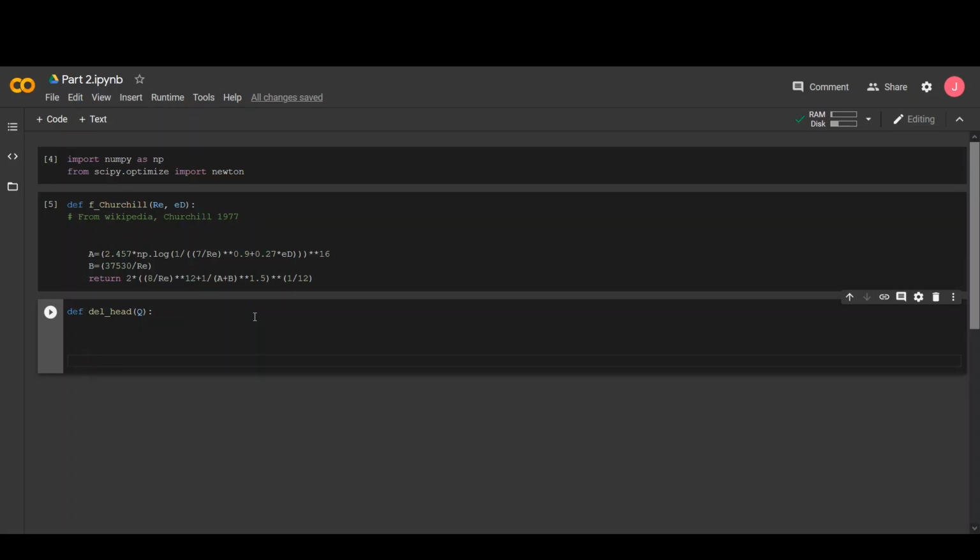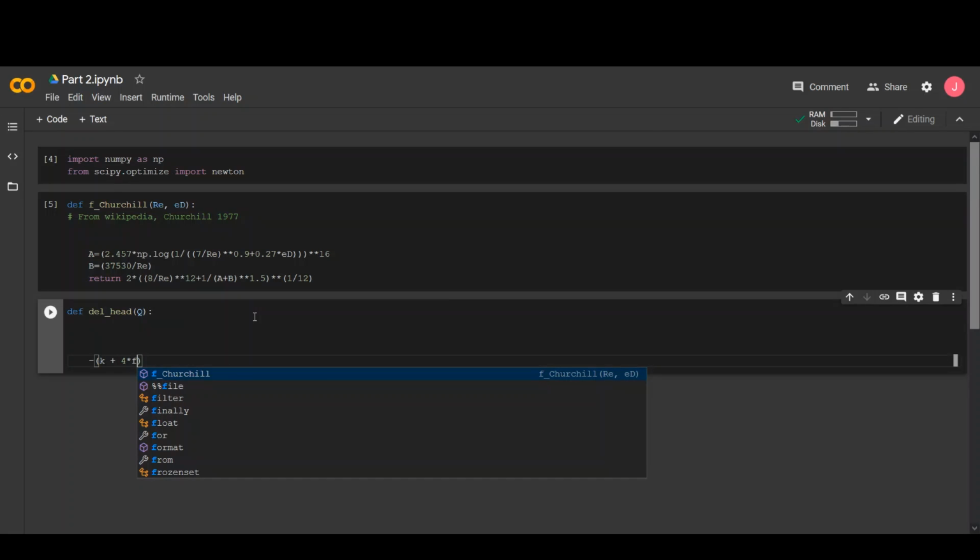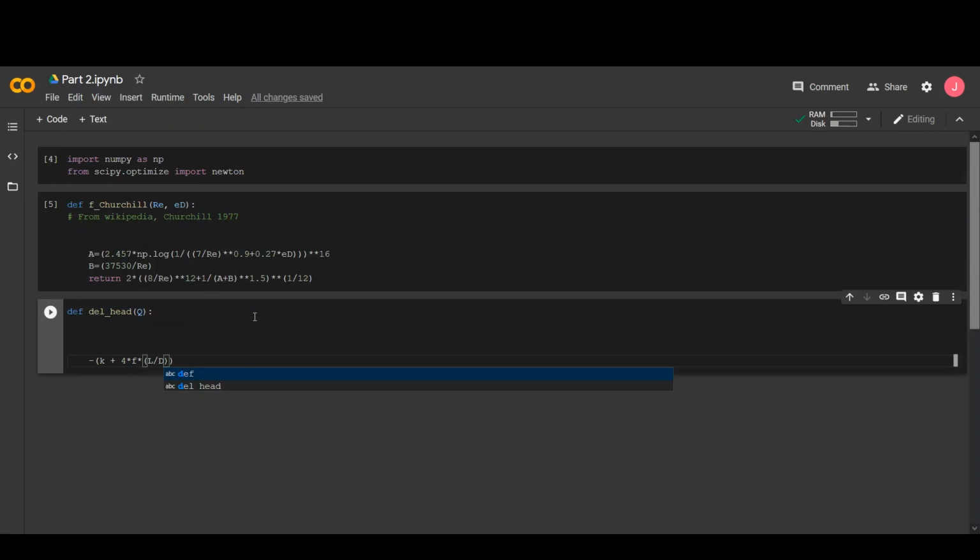So looking at my equation, we're going to have negative K plus 4 times our Fanning friction factor, let's use a lowercase f, multiplied by the ratio of the length of our pipe to the diameter of our pipe, and then that will be multiplied by, let's use a capital V, our average velocity squared over 2 times g, our gravity.